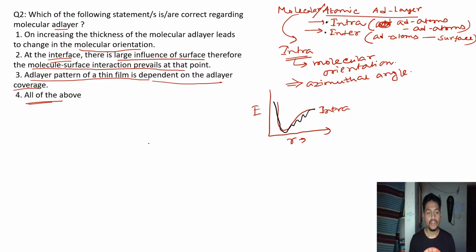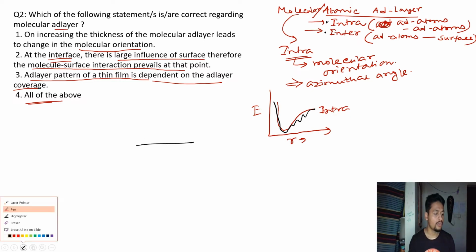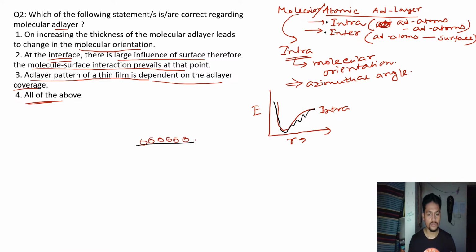Now, if we think this is a surface, and now one by one molecules are coming. Let's say these are some ad molecules I'm talking about. Then above that a second layer is forming and so on.